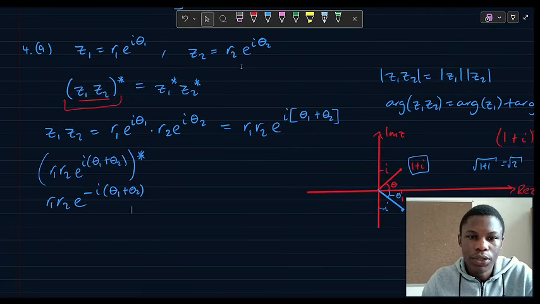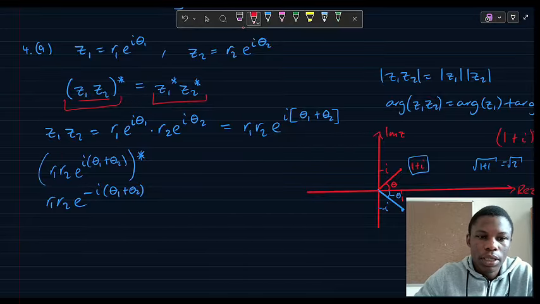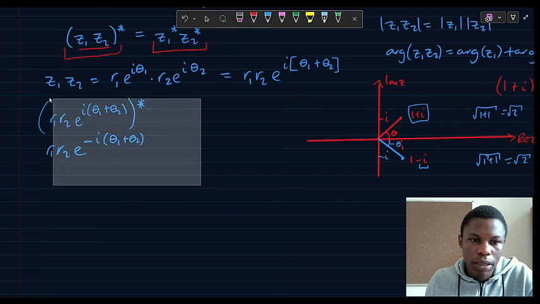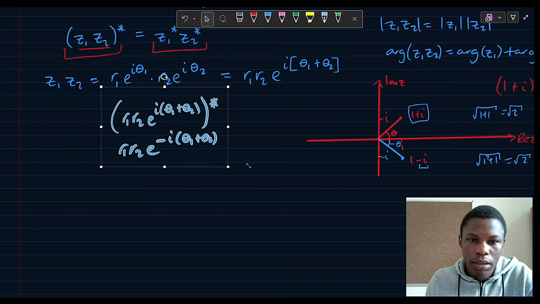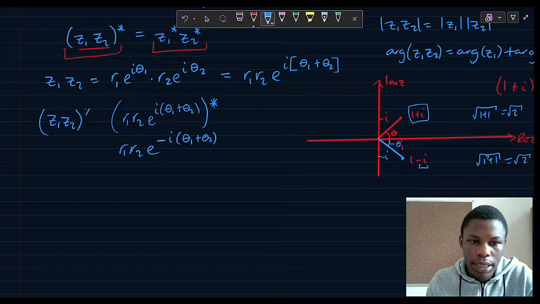And our goal is to show that this is the same as Z1 star times Z2 star. I should probably say that this here is (Z1 Z2) star, right?